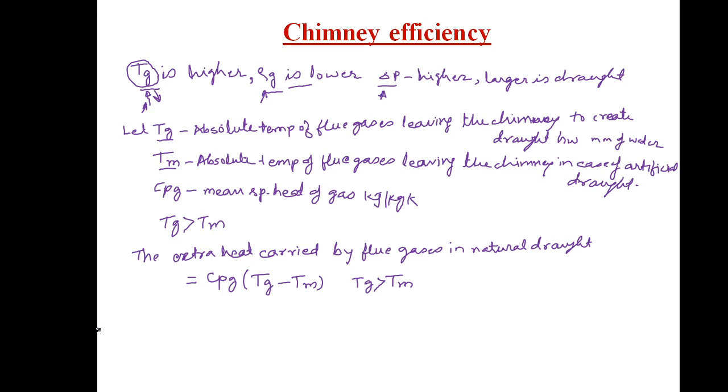So here the draught pressure produced by natural draught system in meters of hot gases. So we obtained two kinds of equations: the draught produced in terms of water column, and the draught produced in hot gas column.